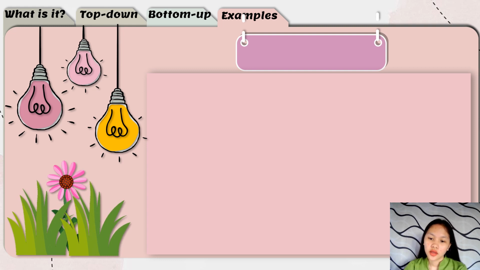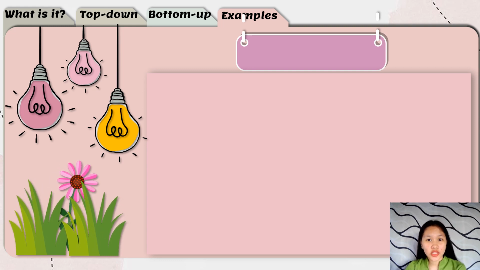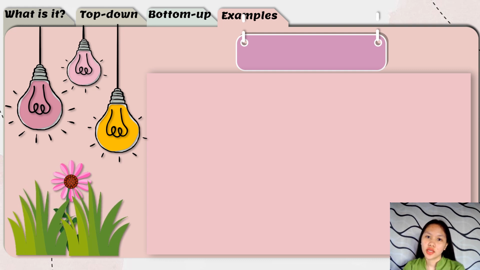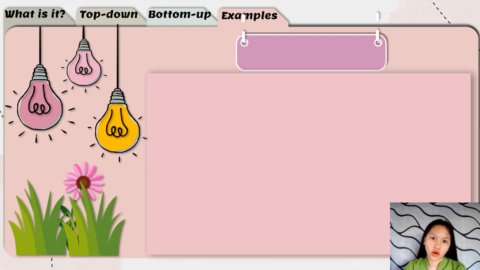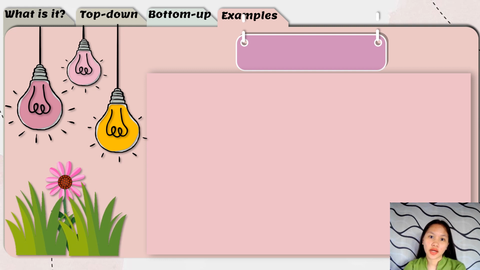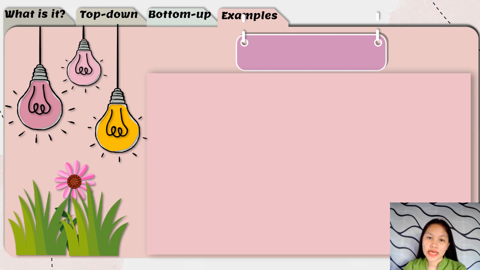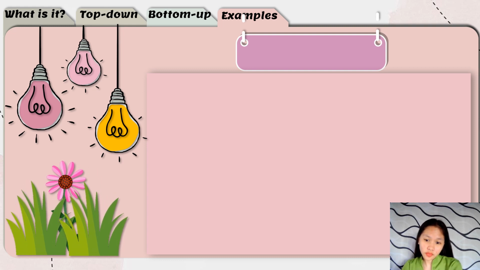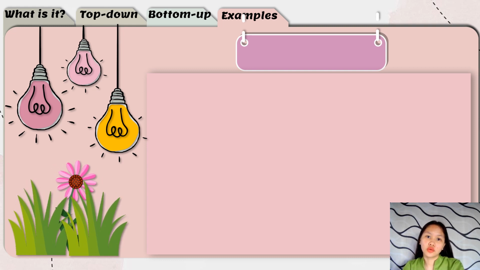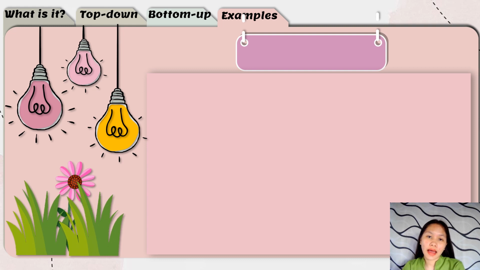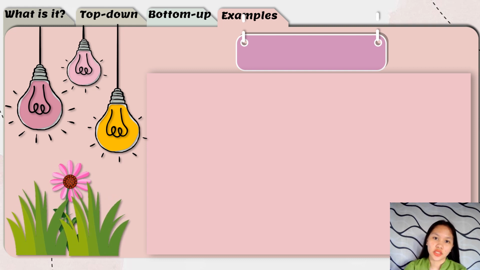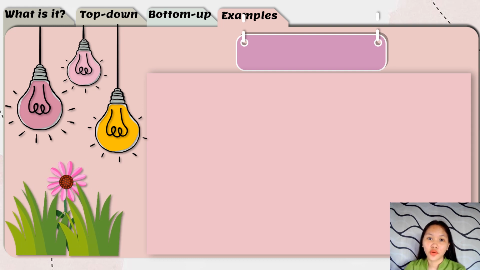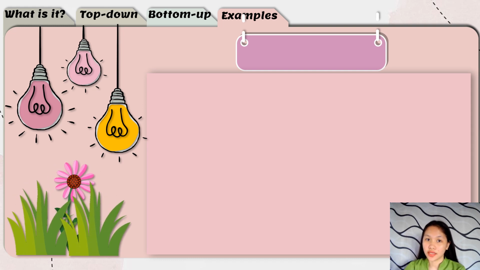Again, the top-down strategy focuses on the general ideas of a topic or a listening text, while the bottom-up listening strategy is about listening for the specific details in the text.